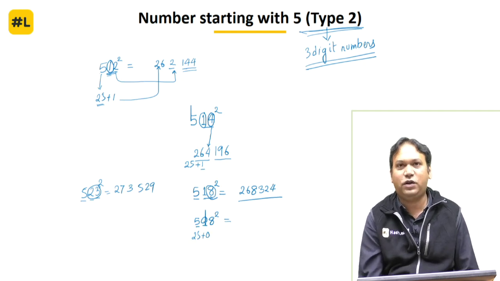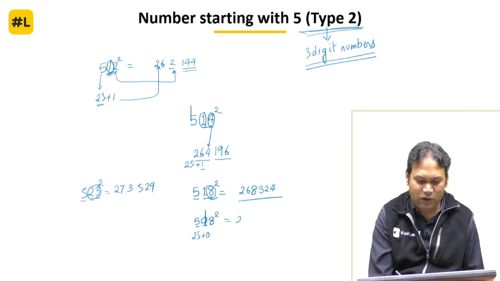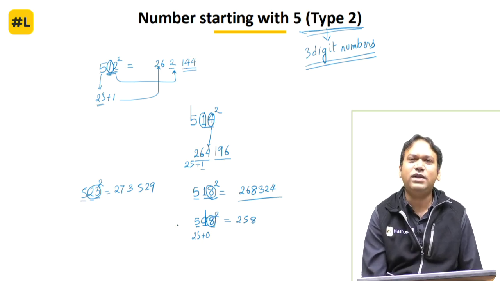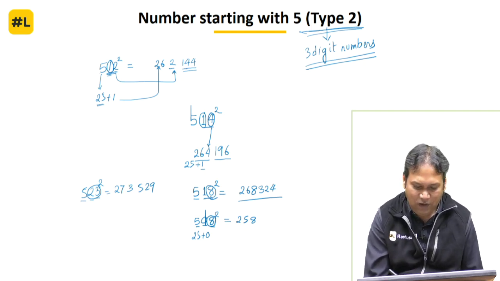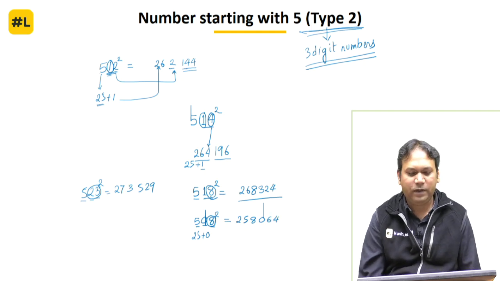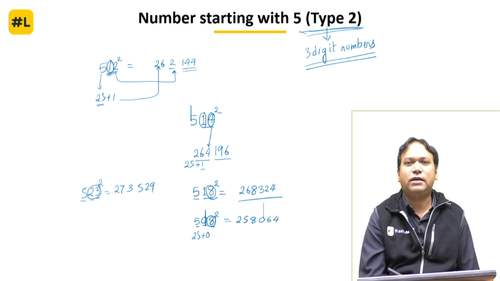What is the number next to 5? 0. 25 plus 0, 25. 8 comes here. Now 8 square, because it's 0, 8, we will take 8 square. What is 8 square? 64, but we will not write 64, we will write 064. That is very important. I will solve a few more examples in the next slide.